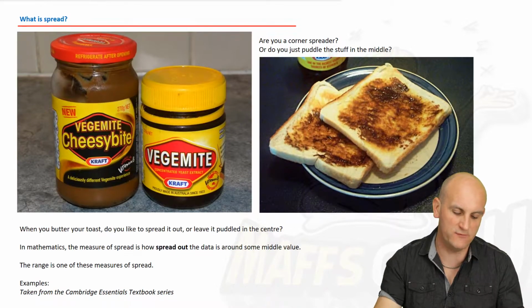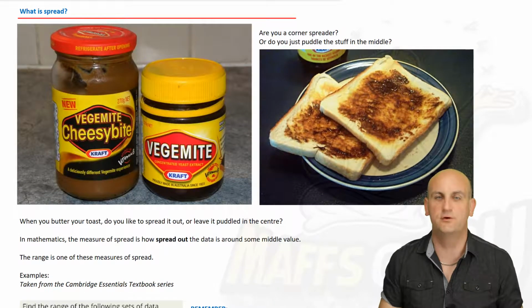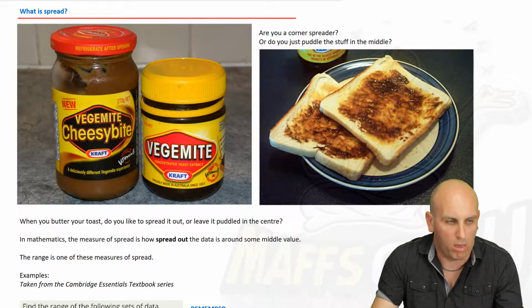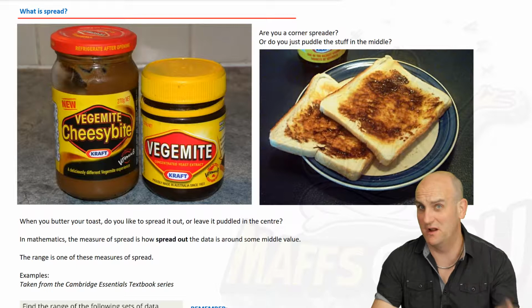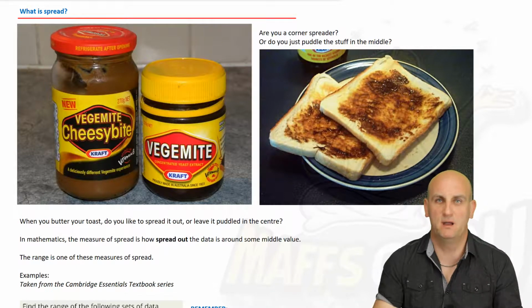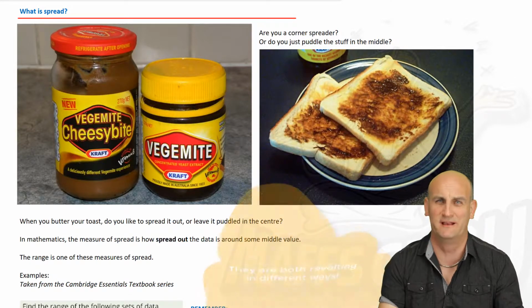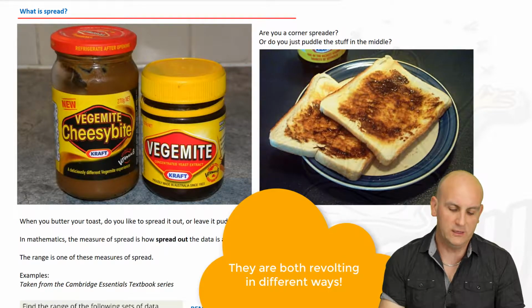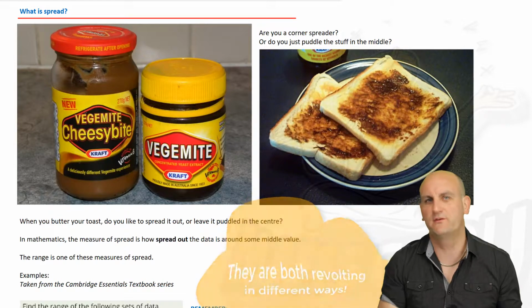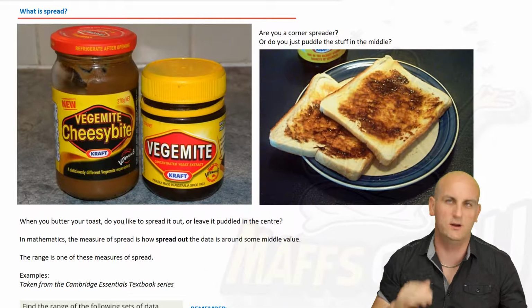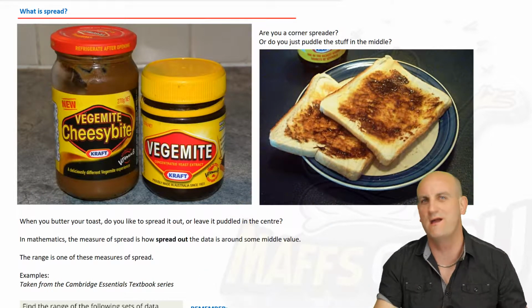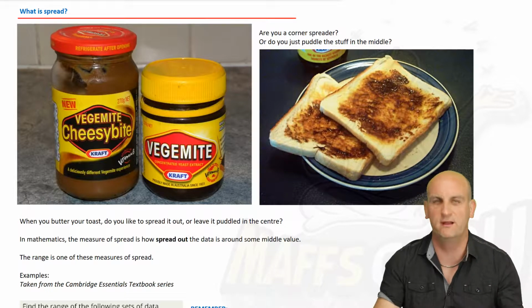Now, I don't know about you, but I'm over here in Australia, and we have this stuff called Vegemite, which, if you're in the United Kingdom, is very much like Marmite. Actually, it's nothing like Marmite. They are both revolting, and just the idea now makes me want to be sick. If I'm looking at spread, what type of spreader are you when you make toast? Are you one of those that pushes it right to the corner because you want every last millimetre of that toast covered?